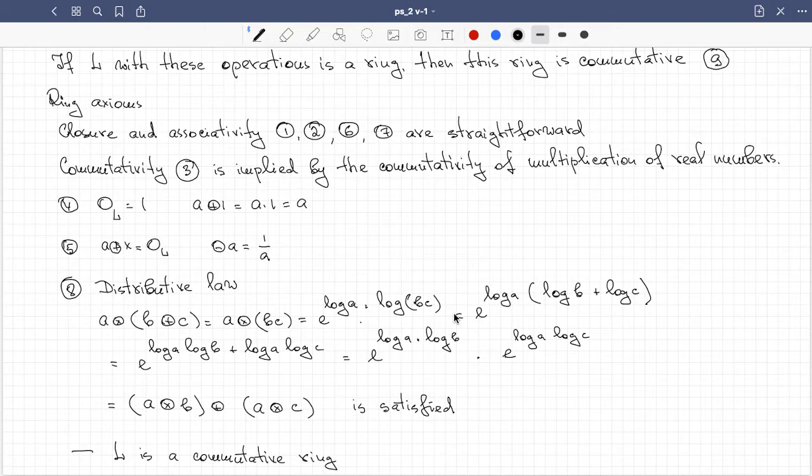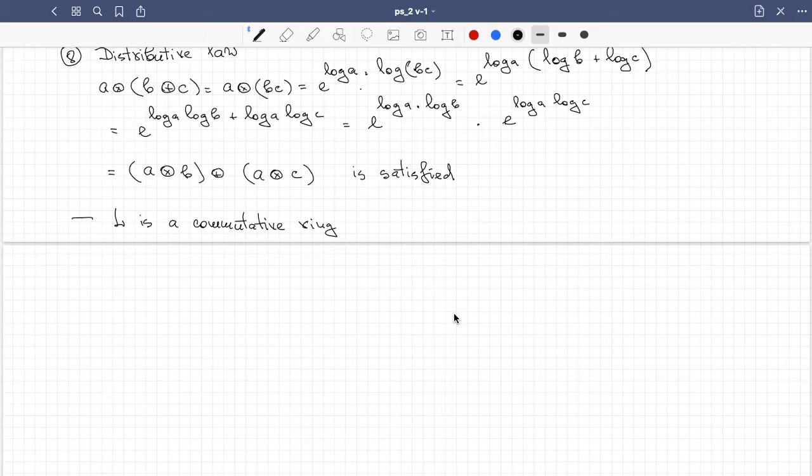Now we'll go further and check that this ring has identity. The role of identity in L is going to be played by e, the base of logarithms. Indeed, a times this number e, this is a positive real number, which is going to play the role of identity.